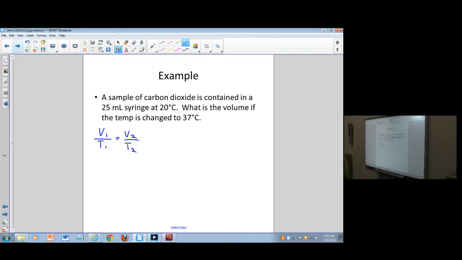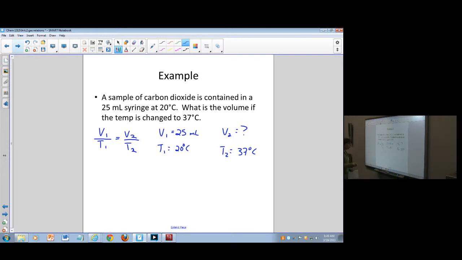Let's just put in this stuff. You need a table. Don't ever forget your table. So V1 is going to be equal to 25 mL, while T1 is 20 degrees Celsius. V2 we don't know; that's what we're looking for. And T2 is equal to 37 degrees Celsius.